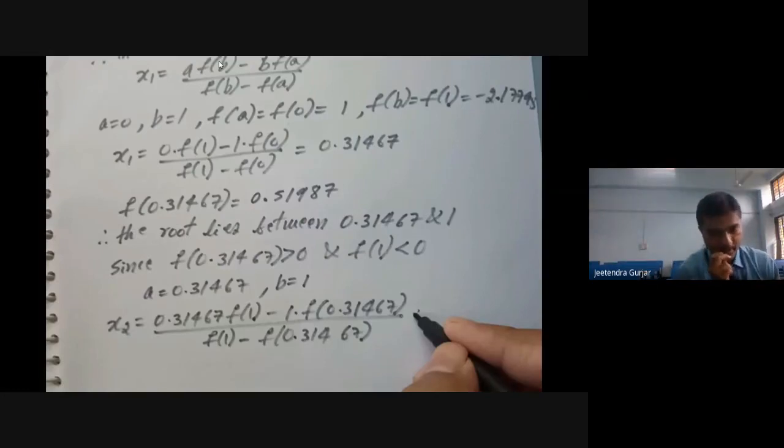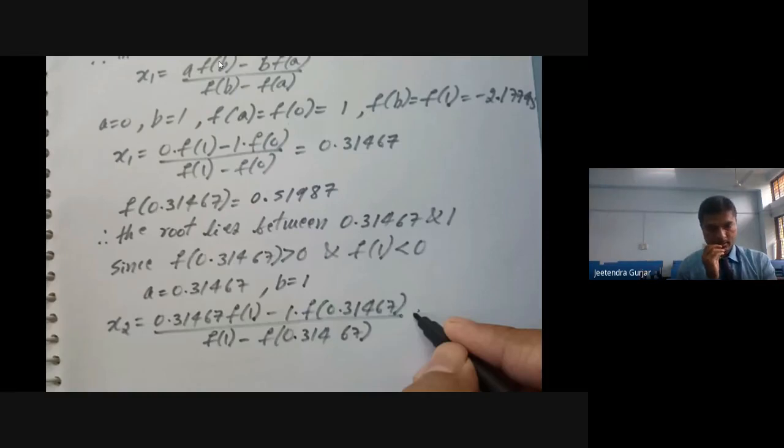Just substitute in the calculator. Very simple. If you get the answer, put it in the chat box. Because if you are able to find this answer correctly, then the next approximation will be very easy, and then you have understood what is regula falsi method.